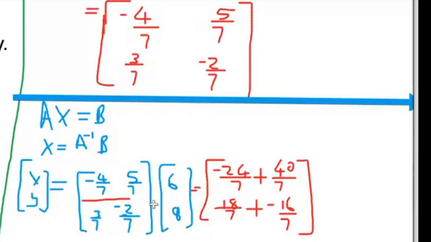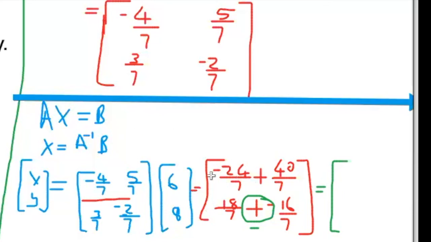Now we're going to find the total. So when we're finding the total, because the denominator is the same, we're going to just add the numerators. Before I do that, just to change our sign, positive times negative is negative. So now calculating negative 24 plus 40, that is just 16 over 7.